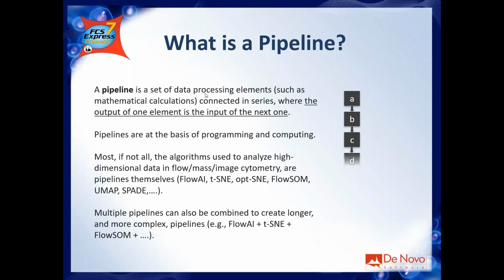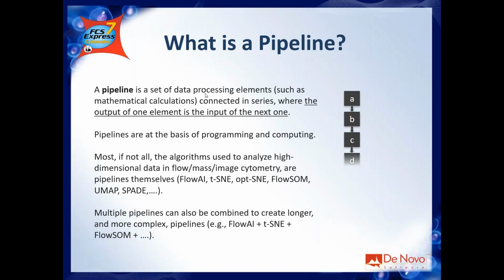The second really important point is that the output of one step, let's say one step transforms all the data in log scale. So at the end of that step, say step A, you have log scale data. The output of each step is usually the input of the subsequent step. So if A transforms your data with log, B is probably using the log transformed data.